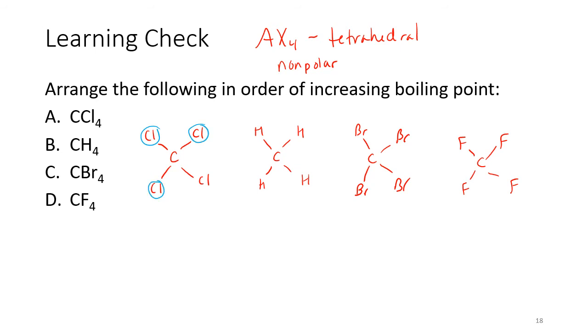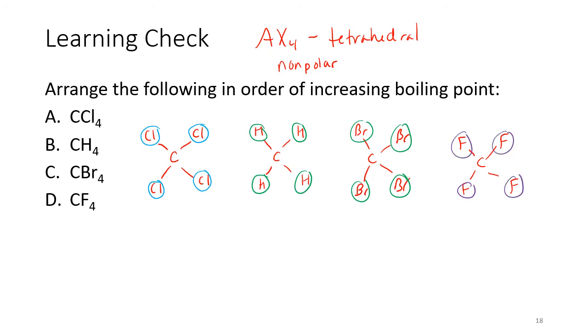For example, in carbon tetrachloride, all outer atoms are chlorine. In methane, or CH4, all outer atoms are hydrogen. In carbon tetrabromide, we have 4 bromine atoms on the outside, and carbon tetrafluoride has 4 fluorine atoms. So therefore, that symmetry leads to them being nonpolar. If they're all nonpolar, the only types of intermolecular forces between a sample of the molecules will be London dispersion forces.